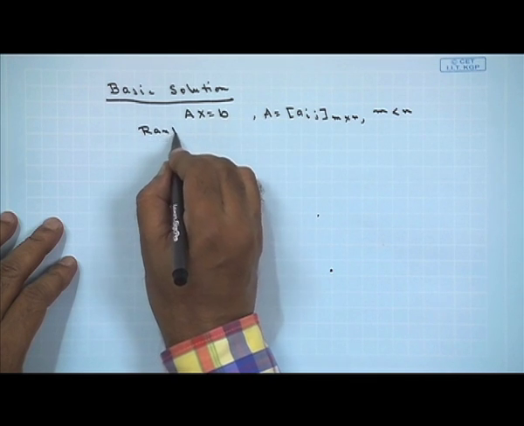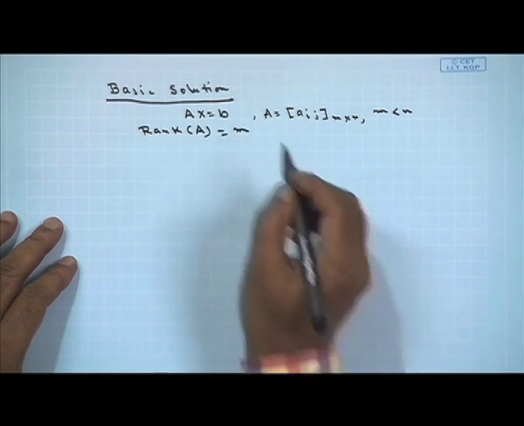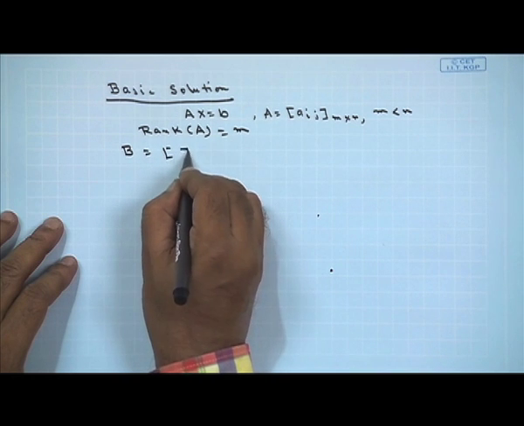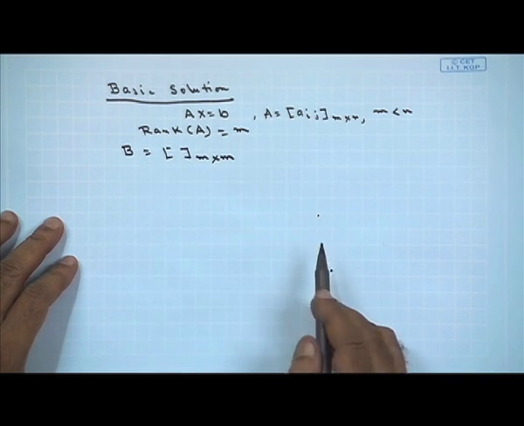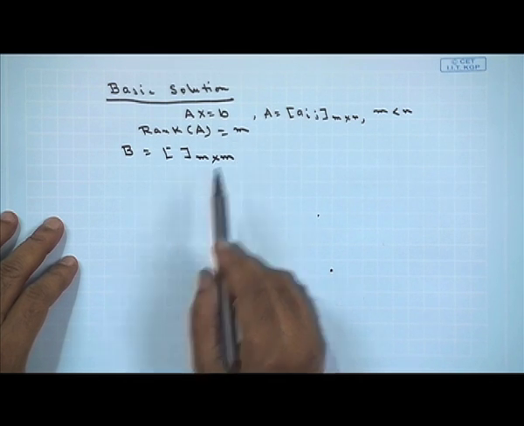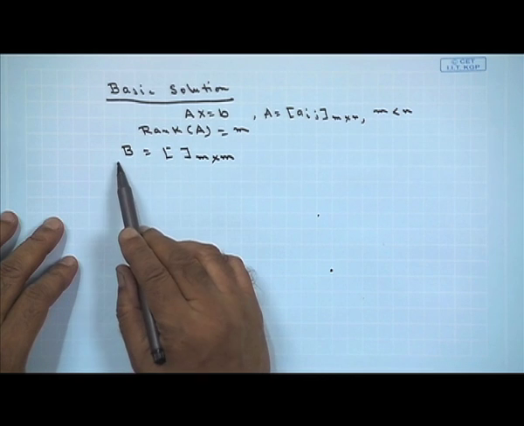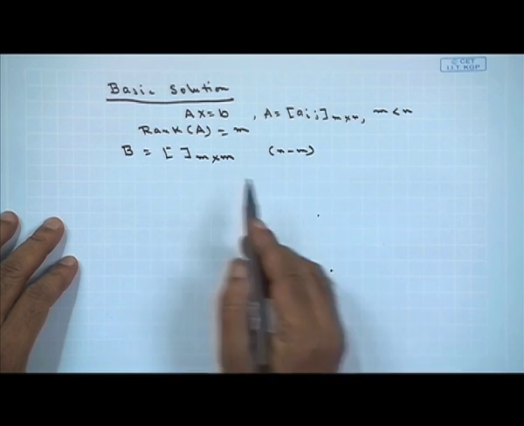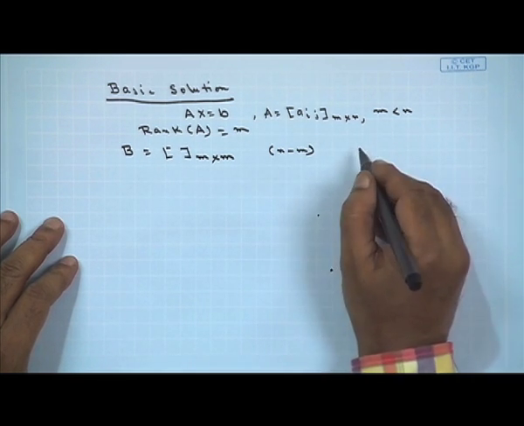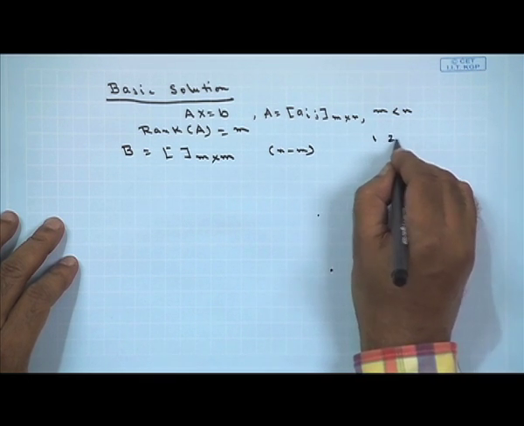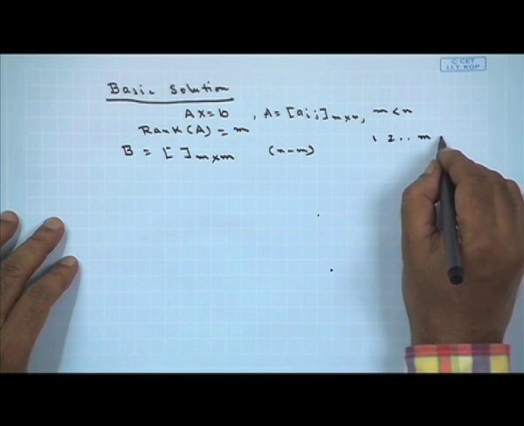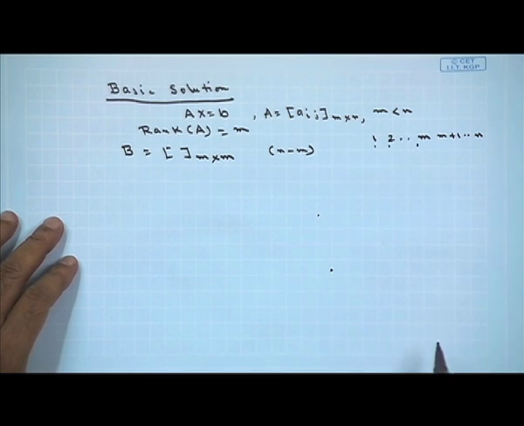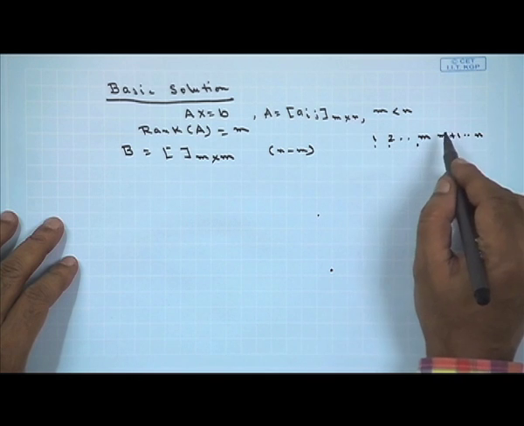If I assume that rank of A is equal to m, then I can form a matrix B of m cross m, that is, I will take only m linearly independent column vectors and form a matrix B. If I have the columns 1, 2, like this way up to m, and then m plus 1, like this way up to n, these are the basic variables, and these are the non-basic variables.